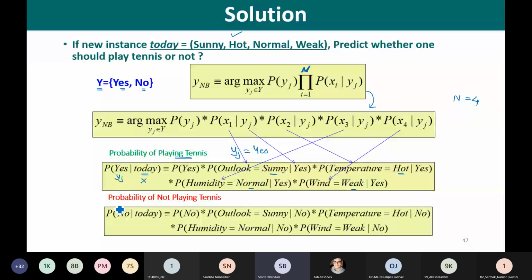Similarly, we are going to compute the probability of not playing tennis with this expression.